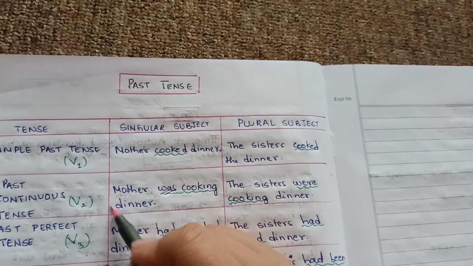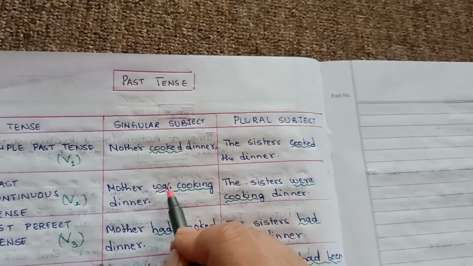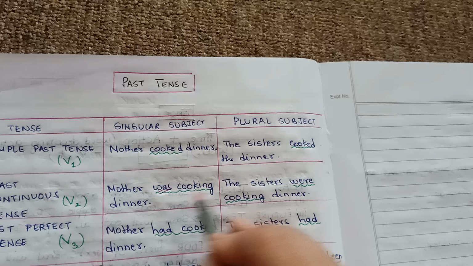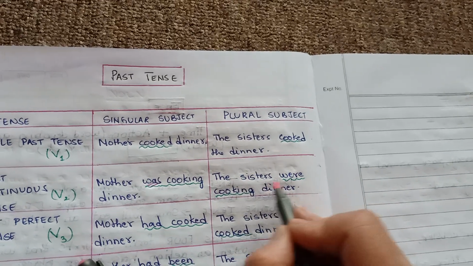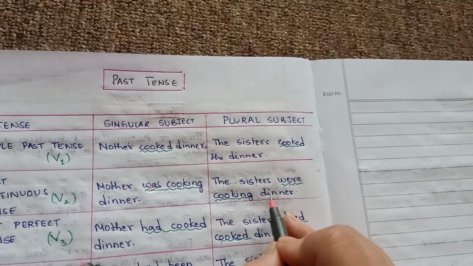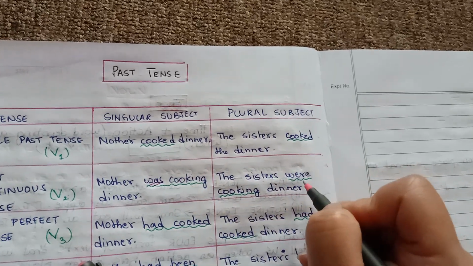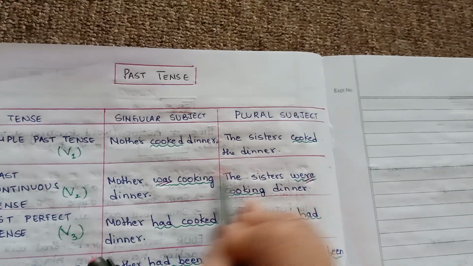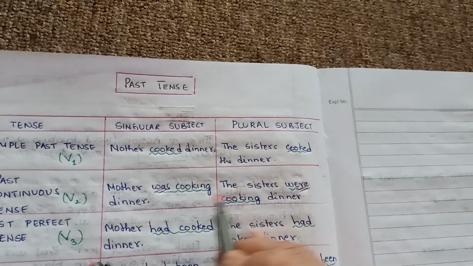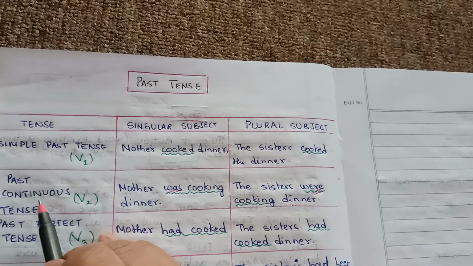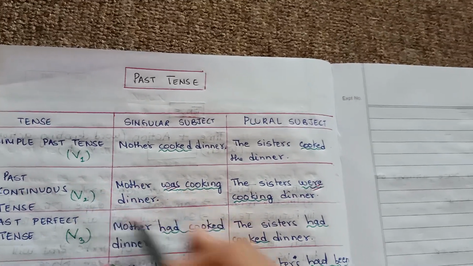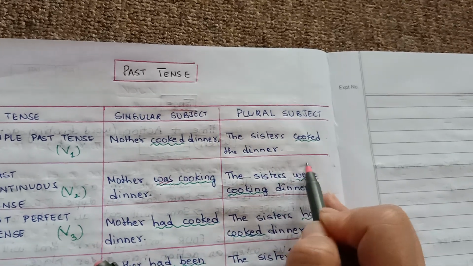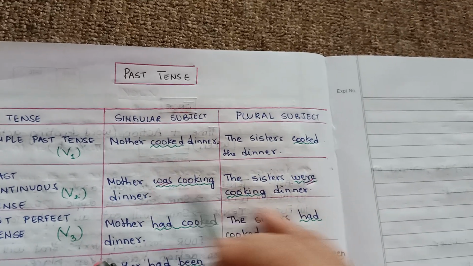So here our subject, which is singular, mother, was cooking dinner. However, the sisters were cooking dinner. So see, now here in our continuous tense, there is a change in our helping verb. Please be mindful, because in the past continuous tense, the form that is different is not the verb, but the helping verb.